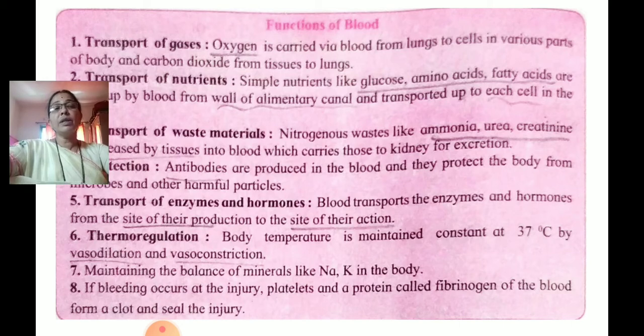This 37 degrees Celsius remains constant over the whole life. Even if you have a fever, the temperature will increase, we say from 37 degrees to 38 or 39. That action of thermoregulation is done by our blood.